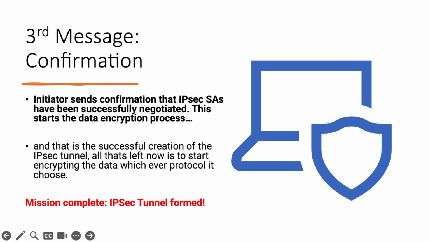So thereafter, all traffic will be encrypted. That brings us to the end of the successful creation of an IPsec tunnel. All that's left now is to start encrypting the data, whichever protocol you chose. So the IPsec tunnel has now been formed.